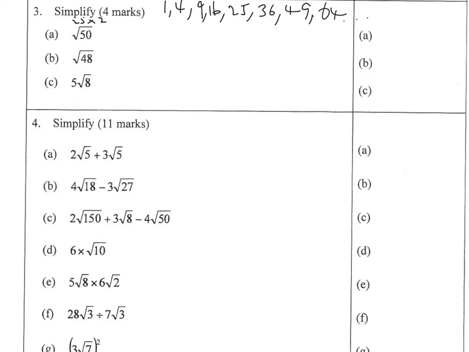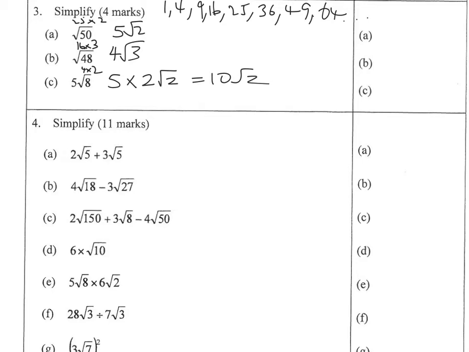Now the square root of 25 is 5, so 5 root 2. 48 is 16 by 3. 16 square root is 4, and you're left with root 3. Now the 5, I'm just going to ignore for now. 8 is 4 by 2. Square root of 4 is 2, and the root 2 stays. 5 twos are 10.